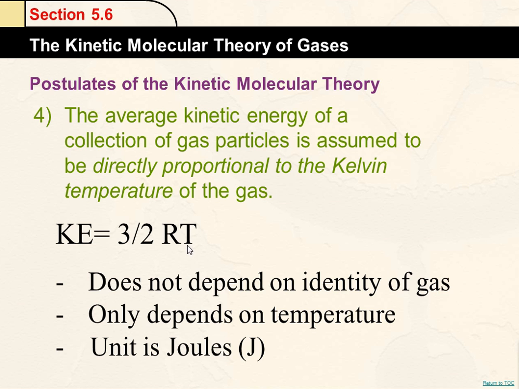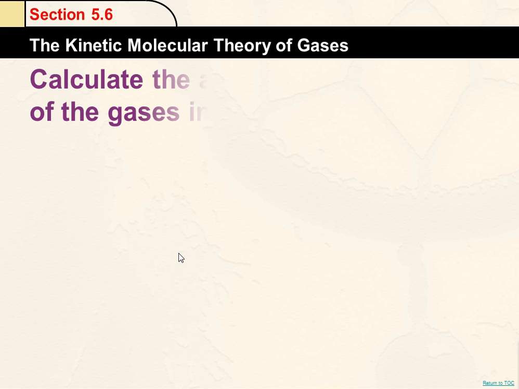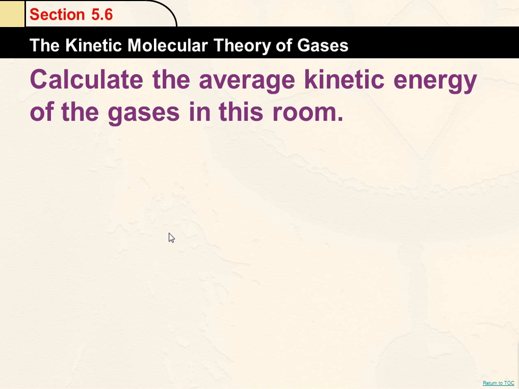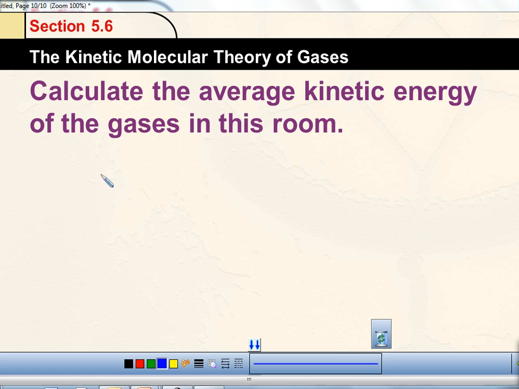temperature in Kelvin. So if we want to try a practice problem, let's calculate the average kinetic energy of the gases in the room that I am in. The temperature of my room is about 22 degrees Celsius. I have to be in Kelvin to do this problem, so the Kelvin temperature is 295.